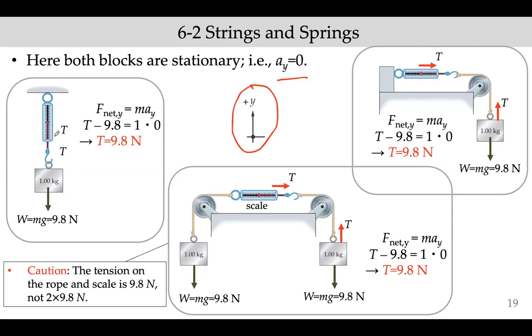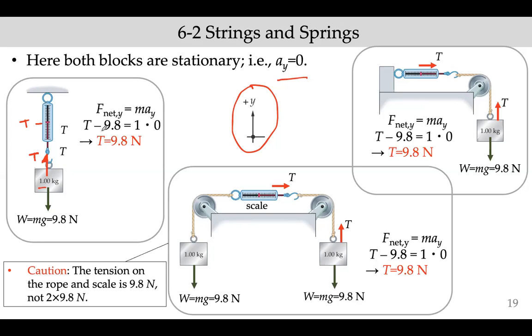In the y direction, if you have the scale, let's say you read the force is T, or the weight, that means this block is pulled up by T. So the net force in the y direction will be T minus mg. So the mass is 1, so mg becomes just 9.8 because m is 1 in this problem.